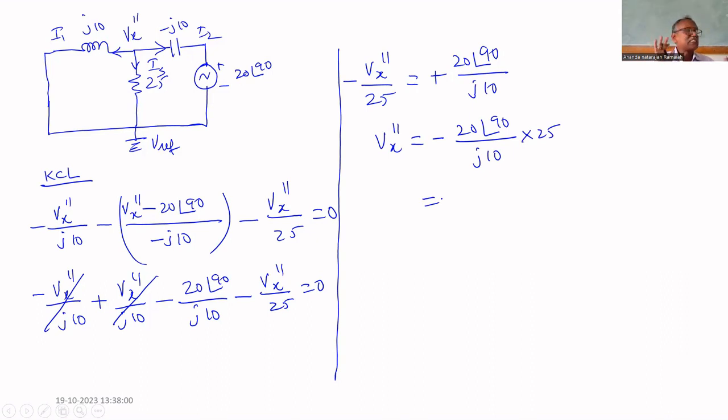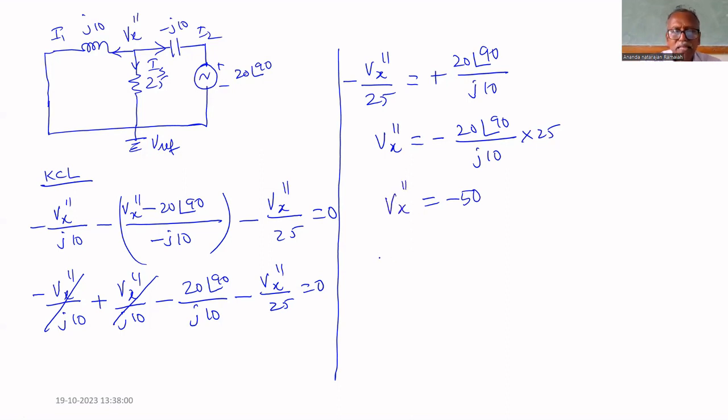You can enter it as such, because the calculator accepts mixed forms. Minus 25 multiplied by 20 angle 90, divided by 10j. Minus 50 you got. The answer is a real number, no suffix i. Minus 50. What is this? It is Vx double dash.